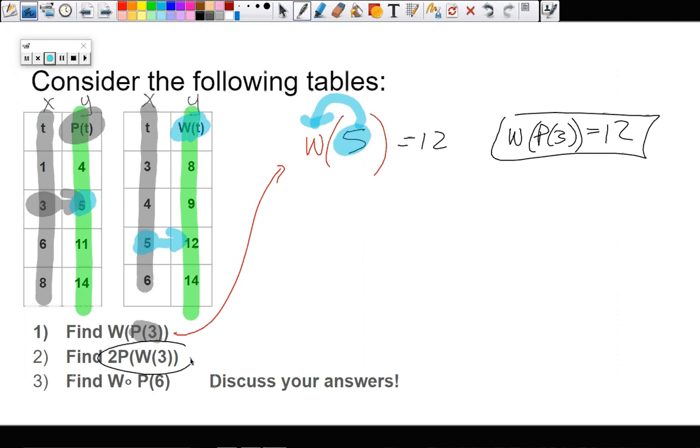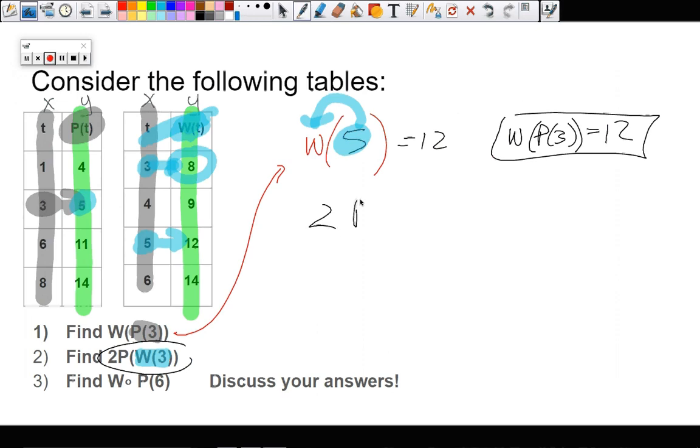This one says 2 times p of w of 3. So what we're going to do is we're going to find w of 3 first. So find the w function. If I plug in 3, what do I get? 8. Okay? So here's the w function right here. I plugged in 3, and I got 8.